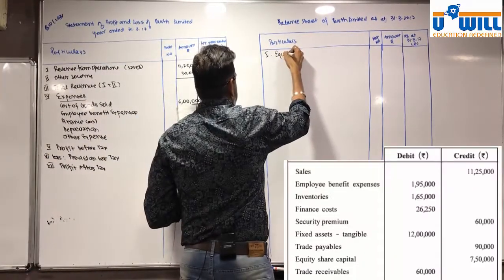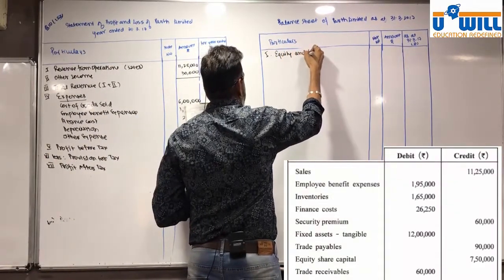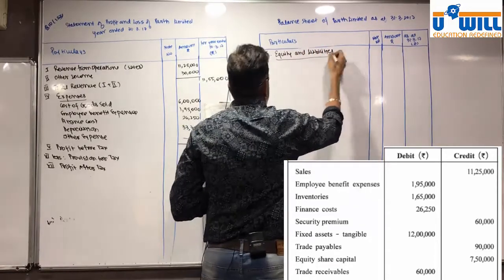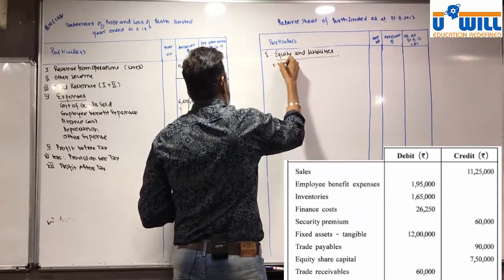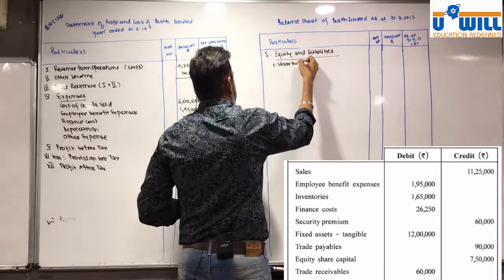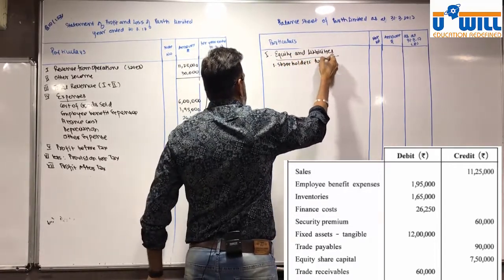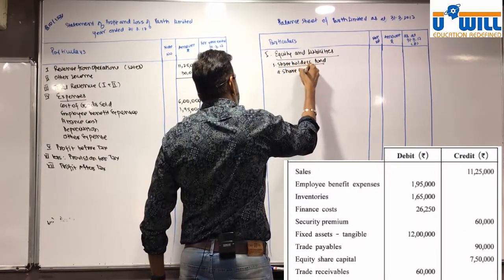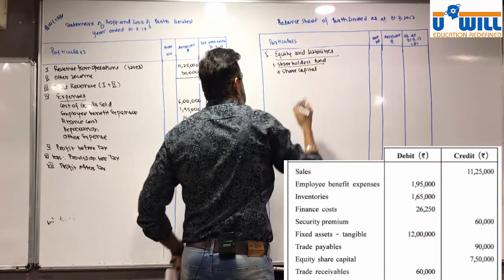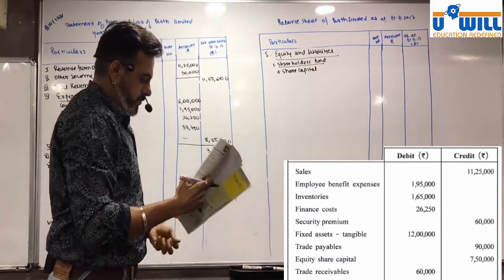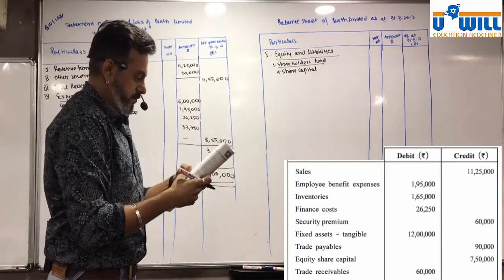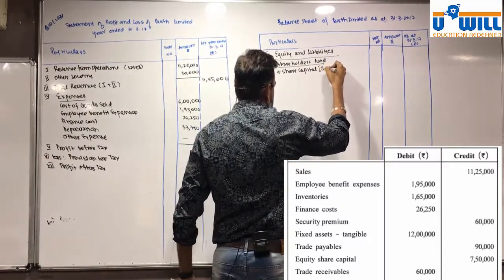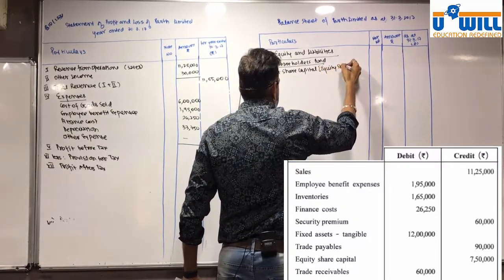First, equity and liabilities. First, shareholders fund. A, share capital. Equity share capital 7,50,000.